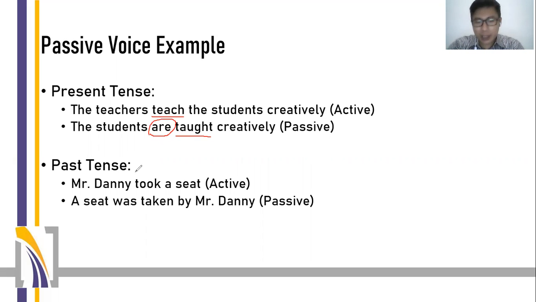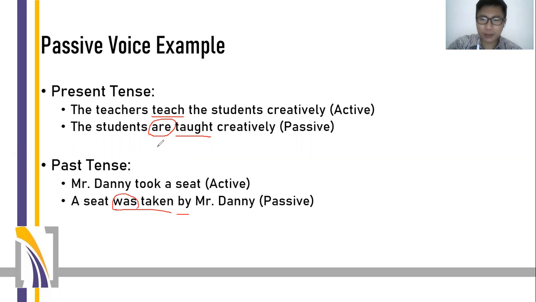And then for the past tense, now this, I use another example, but with by. So in past tense, actually, the end result is the same, was taken. The difference is the be: was for the past tense, and are for the present tense. That's the whole difference.